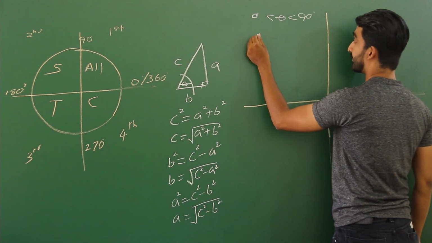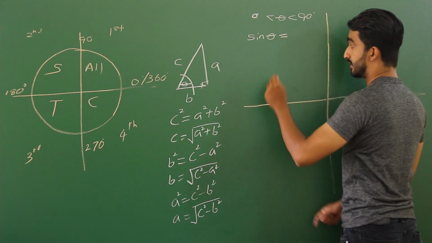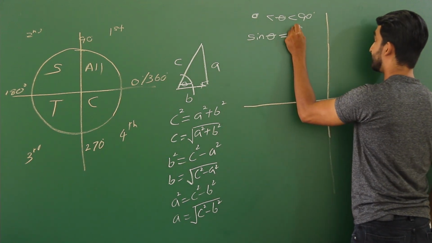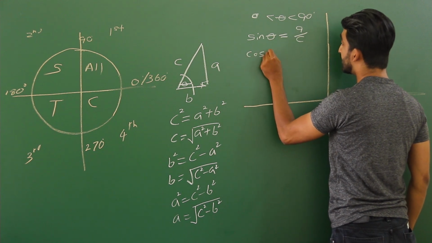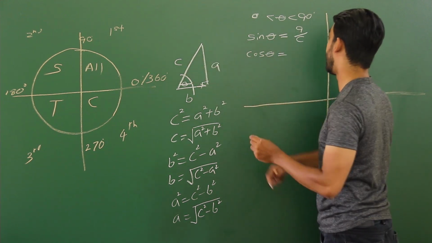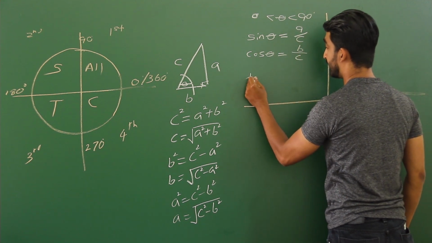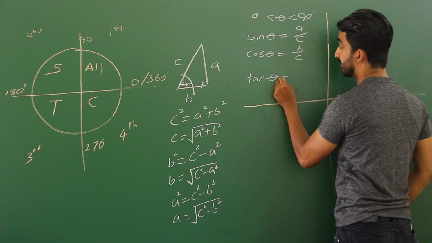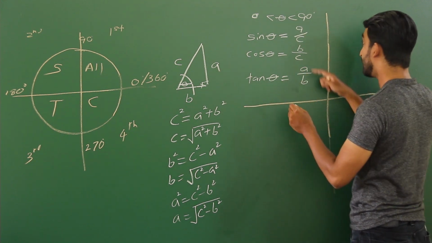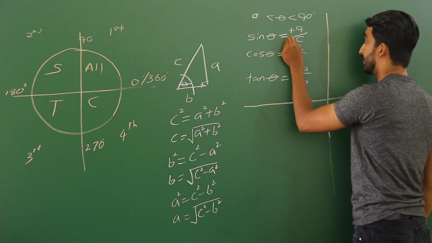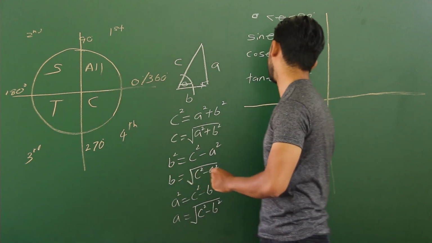Then sine theta is opposite over hypotenuse, cos theta is adjacent over hypotenuse, and tan theta is opposite over adjacent, and all these values will be positive because in the first quadrant sine, cos, tan are all positive.